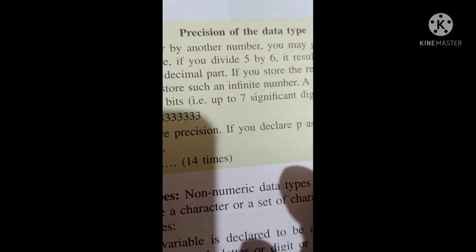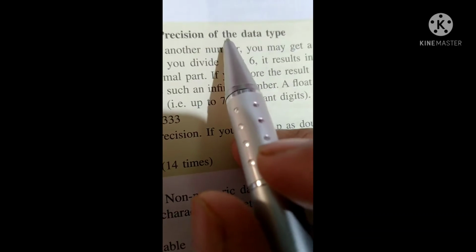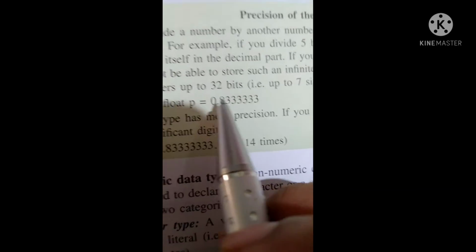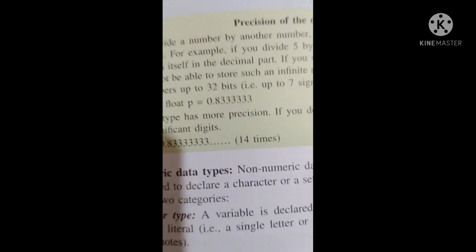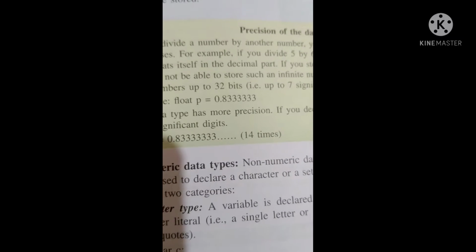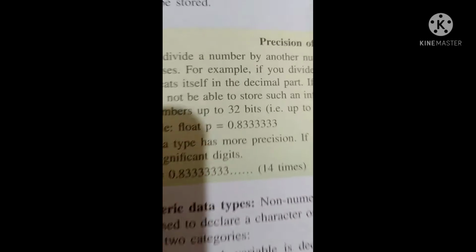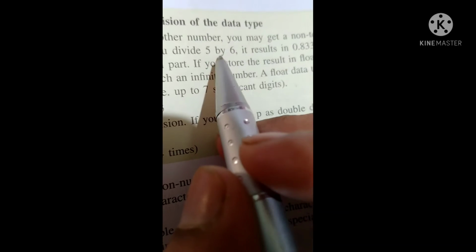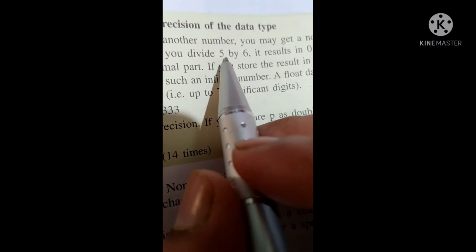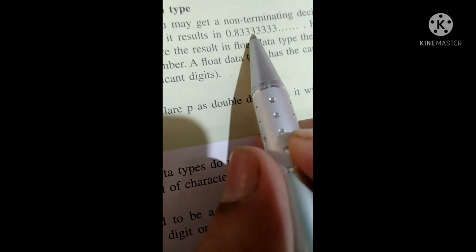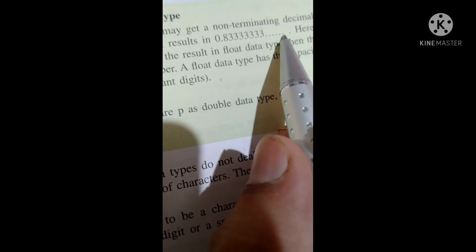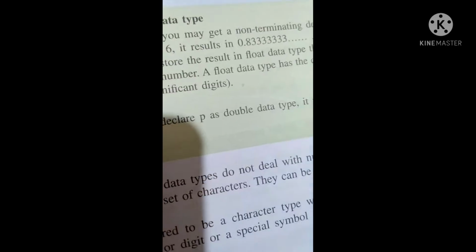Okay, next, precision of the data types. It means the decimal point is not ending. Suppose you are dividing 5 by 6, then 0.8333 will come and the 3s will go till infinity.